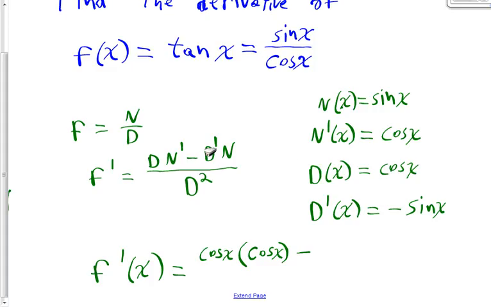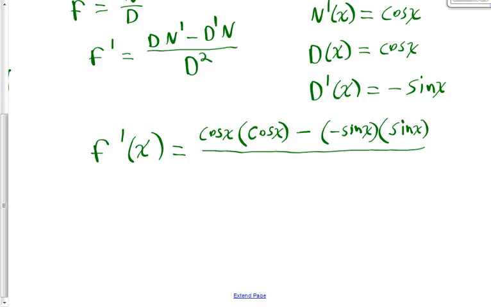The denominator's derivative, well, the derivative of the denominator is negative sine of x. So this is negative sine of x, the derivative of cosine, multiplied by the numerator. The numerator is sine of x. And this is all divided by the denominator squared, which is cosine squared of x.